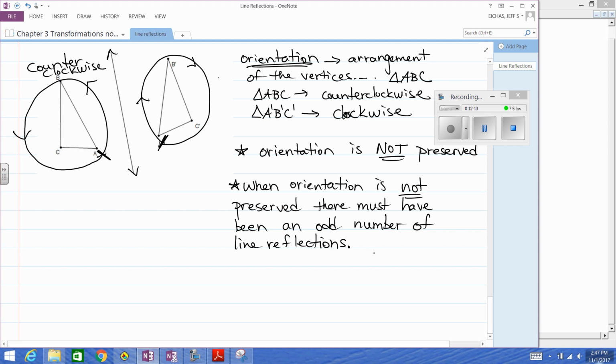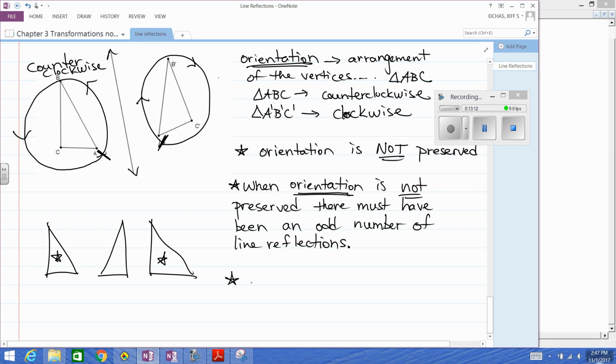Okay, so when I say odd number, it gets a little tricky. We'll go over this very soon. But if you line reflect once, say we go that way, well, when you line reflect back, you'll notice that the orientation goes back. So it's every other one where the orientation is going to be not preserved. So this is more discussion, but that's the one we're going to focus on the most.